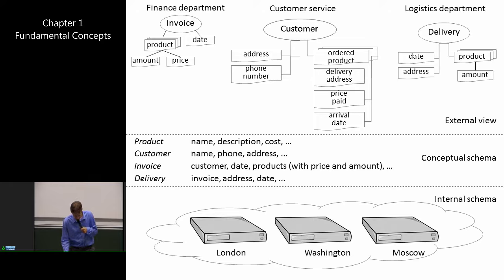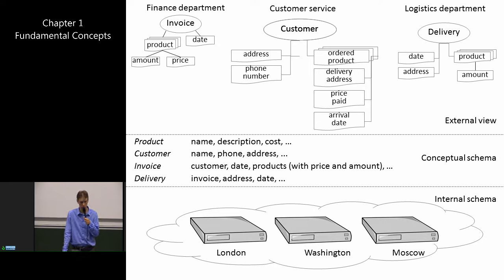Here at the external view level, you're going to see the information as it is being offered to some of the departments and tailored towards the needs of some of the departments. So we're going to have some information that is tailored towards the needs of the finance department. That particularly relates to invoicing information where we need product, amount, price, and date. We're also going to have some information that is tailored towards the needs of the customer service department.